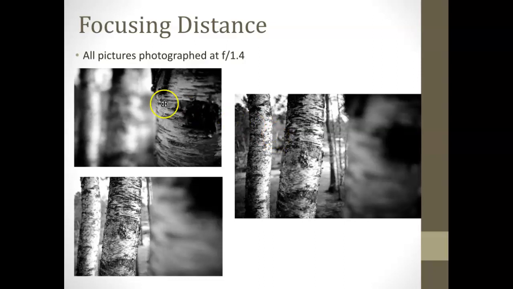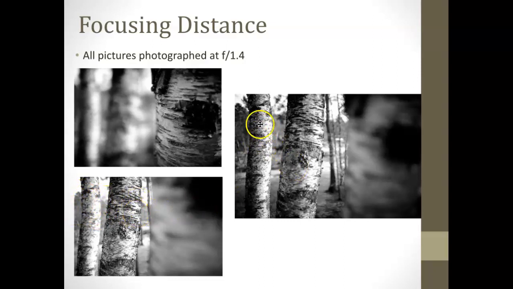So here's 3 picture examples that were all photographed at f1.4. In this image, you're focused on the front tree, and you can see the dramatic effects with depth of field, very short. Here we're focused on the middle tree. The background is still blurred, especially if you're seeing the background trees in here.